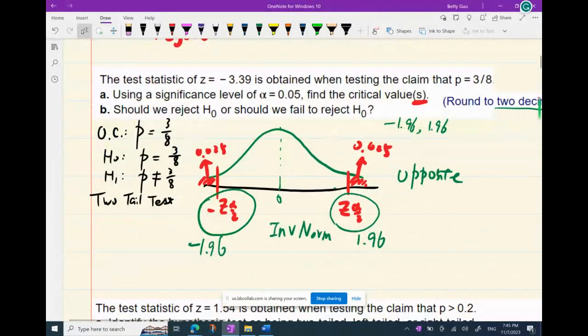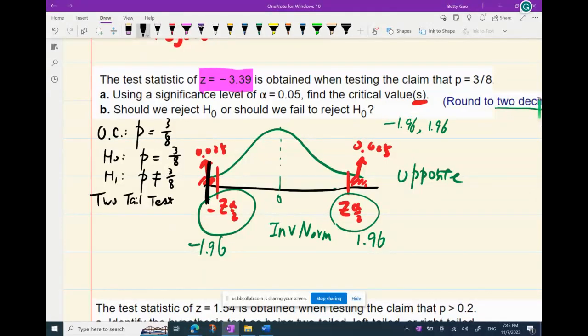Part B: should we reject the null or fail to reject the null? Well, let's see where this test statistic falls. The test statistic z equals negative 3.39. It falls to the left.